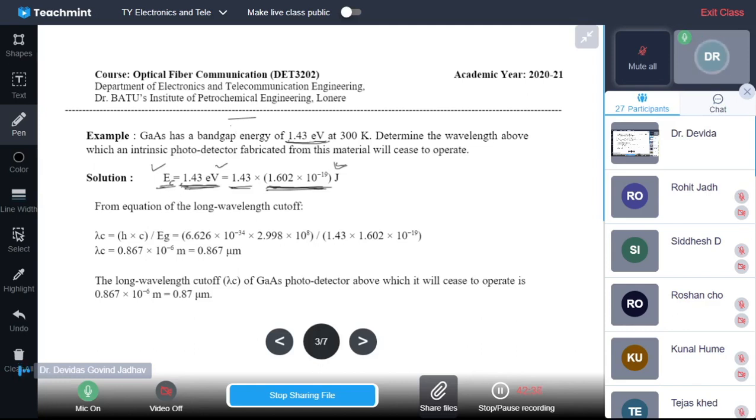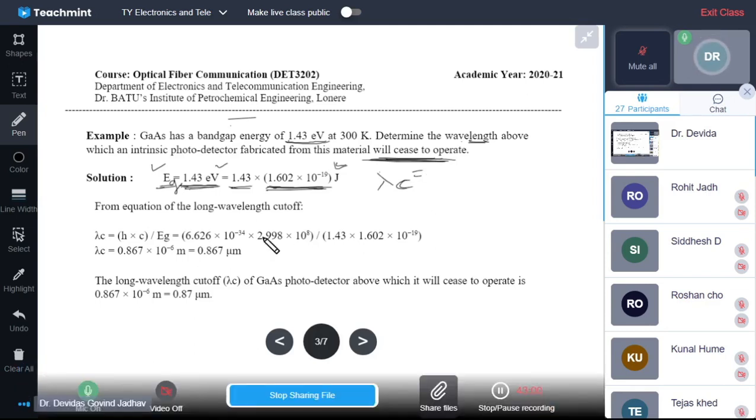Now we have to determine the wavelength above which the material will cease to operate. What is the wavelength when the material stops operating? That is lambda c, so we have to find lambda c.